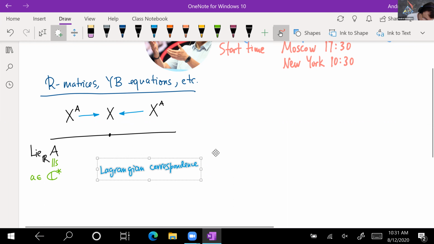Maybe you call this map stop, and this map stop plus and stop minus inverse. Then the composition of this map with the inverse of the other, that's the R matrix.